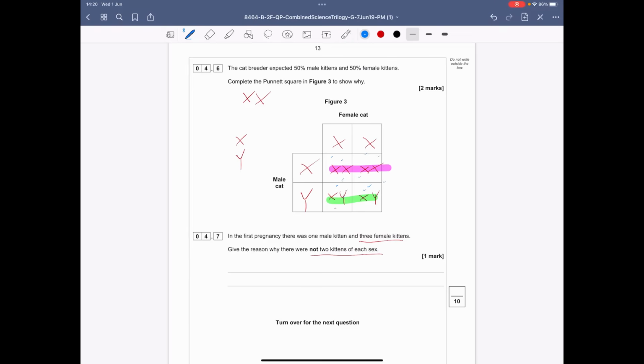Fertilization is a random process. So it just so happens, for instance, that 3 of the fertilizations happened and they got XX, and only 1 was XY.